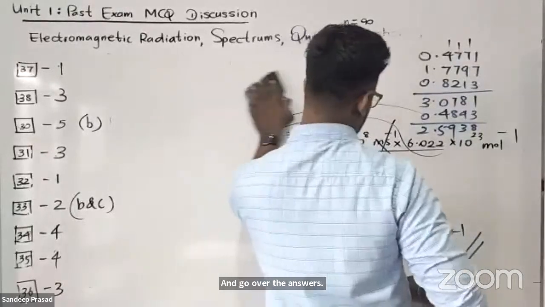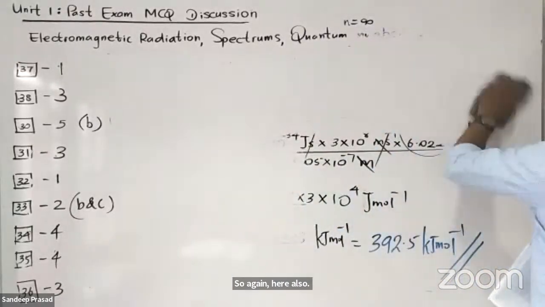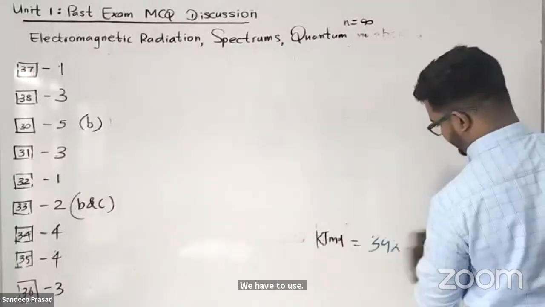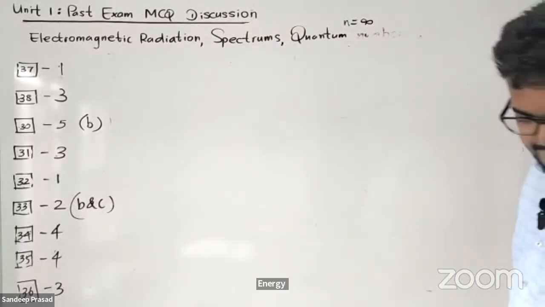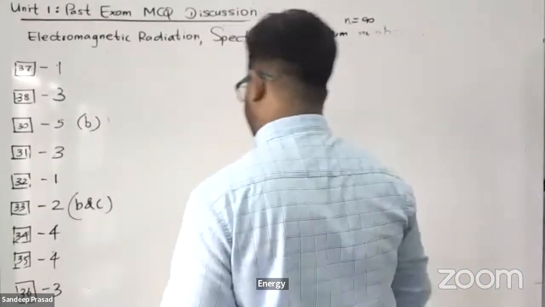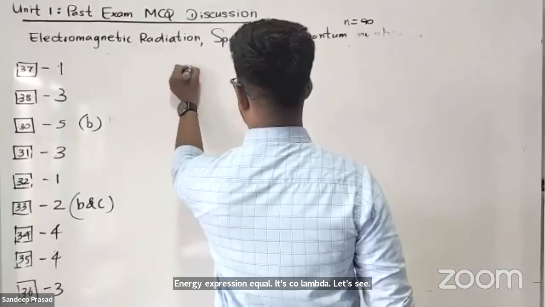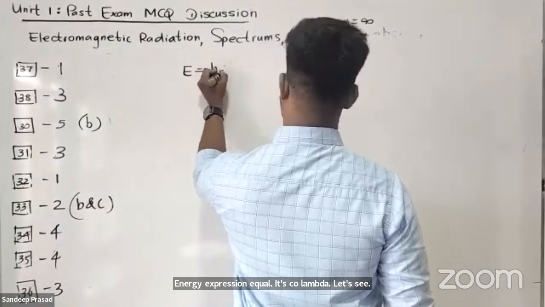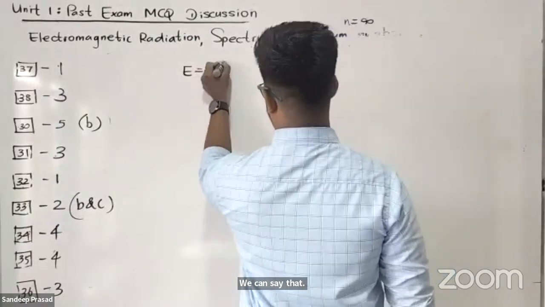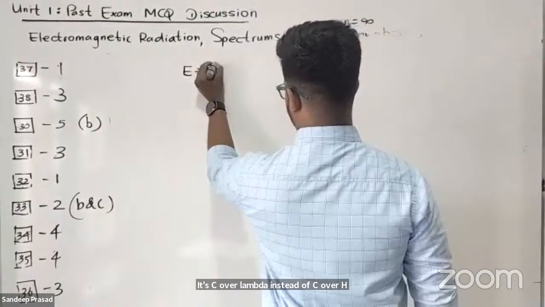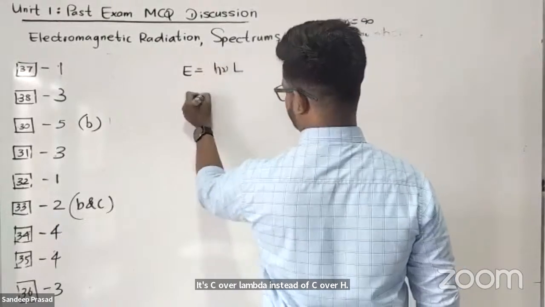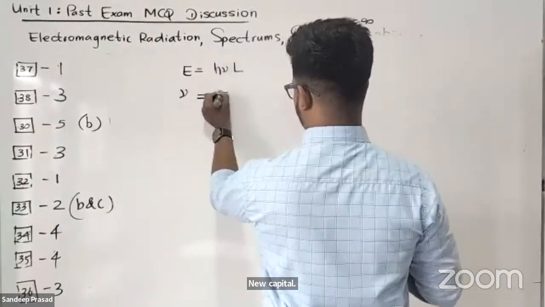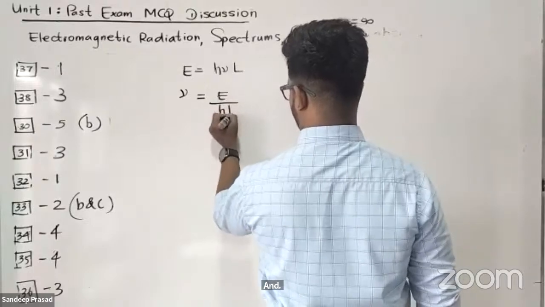Again here, we have to use the energy expression E equal hc over lambda. Instead of c over lambda, h nu. Then nu equal E over hL.